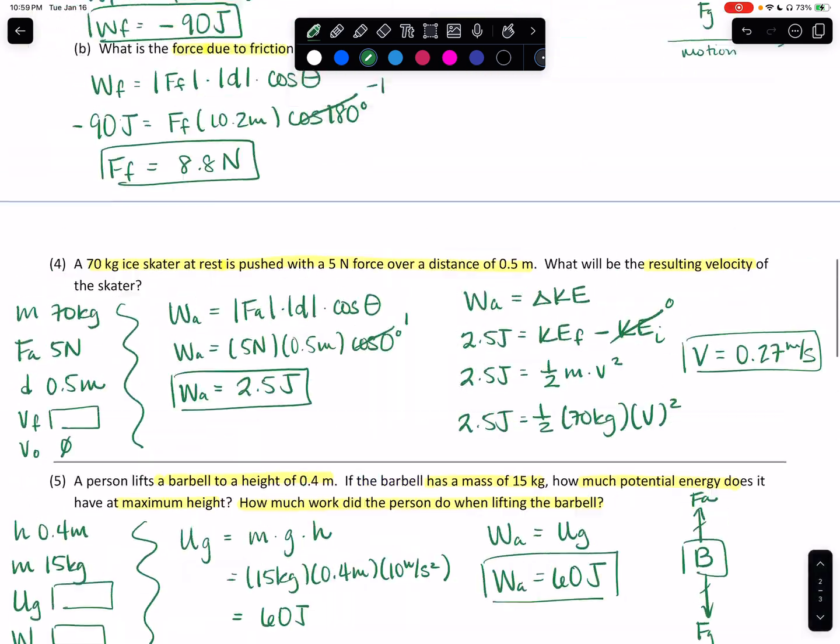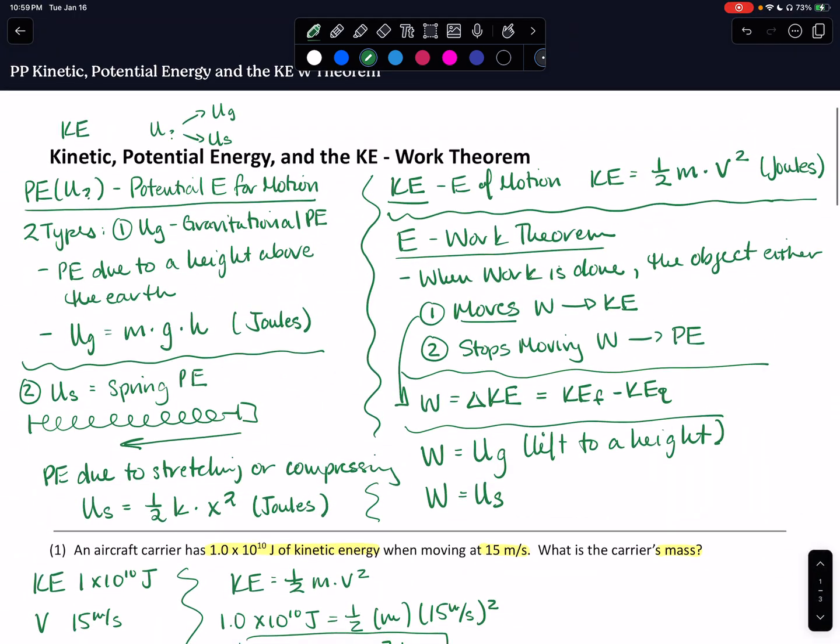So when we talk about energy in terms of potential energy, it's the potential to change or convert into motion. We can do it in terms of gravitational potential energy, which means we've lifted something to a height above the earth, or spring potential energy by compressing or expanding a spring. We can also talk about kinetic energy, which is the energy of motion, which is 1/2 mv squared.